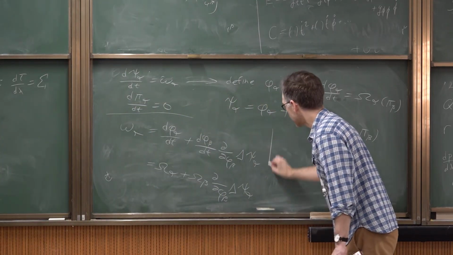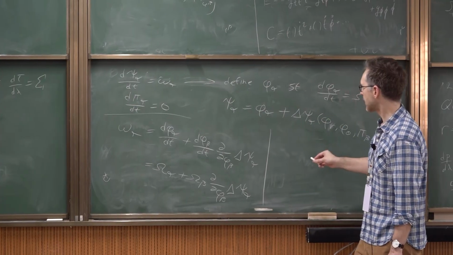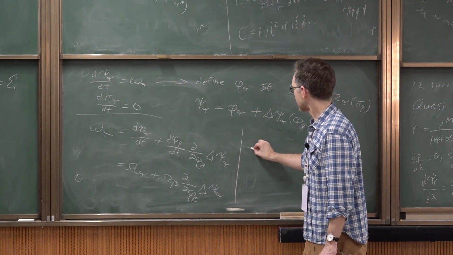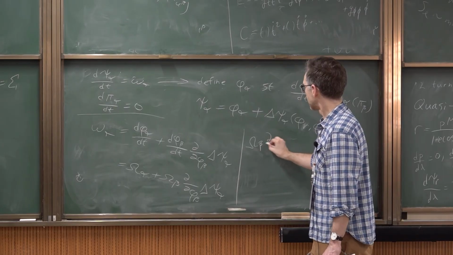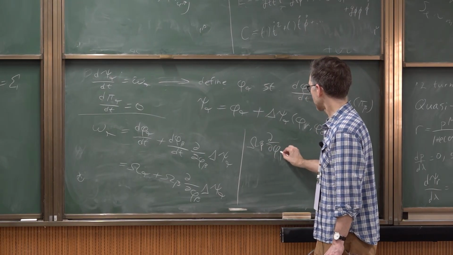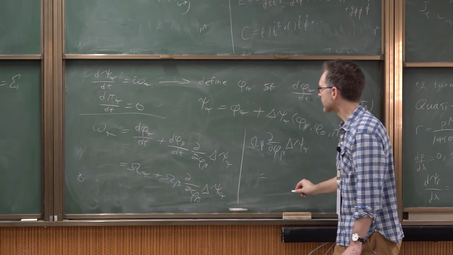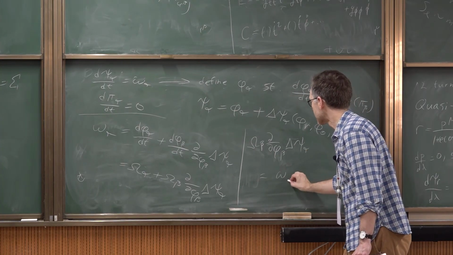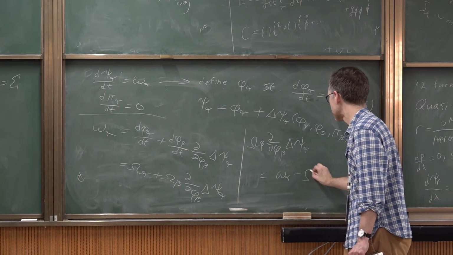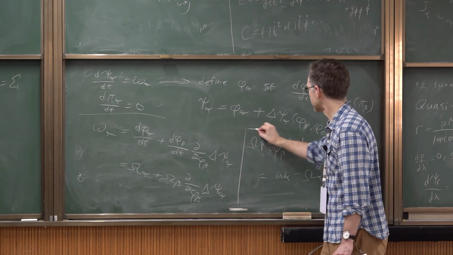So let me rearrange that for the unknown function δψ. We get Ω_β ∂δψ_α/∂Φ_β equal to lowercase ω_α minus uppercase Ω_α.